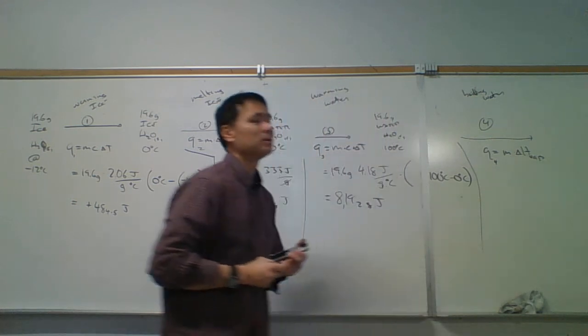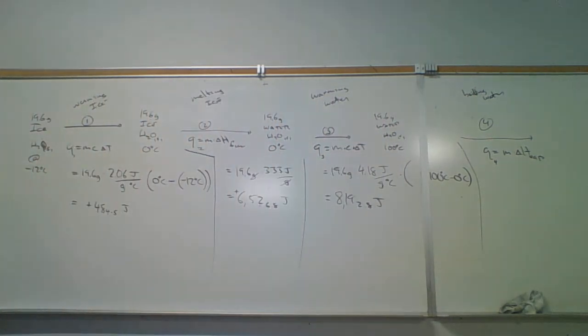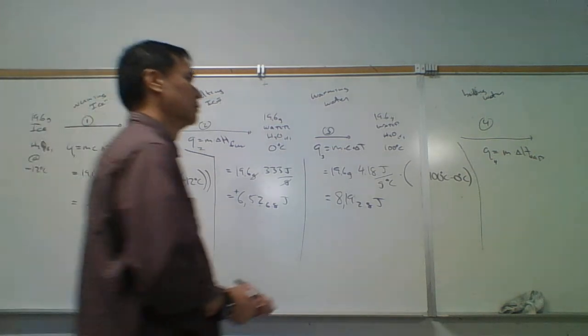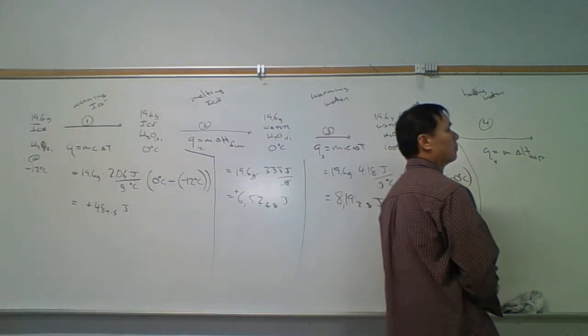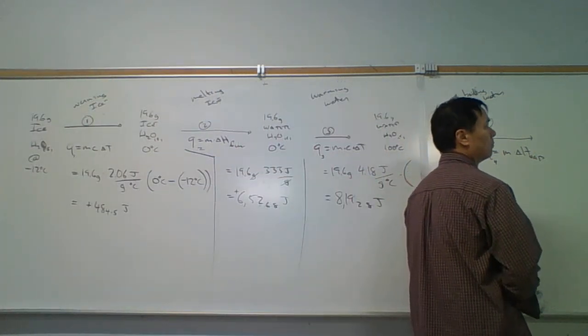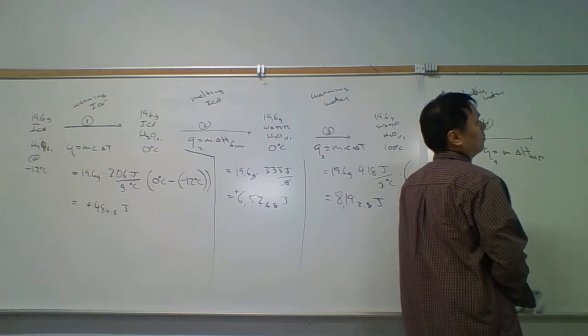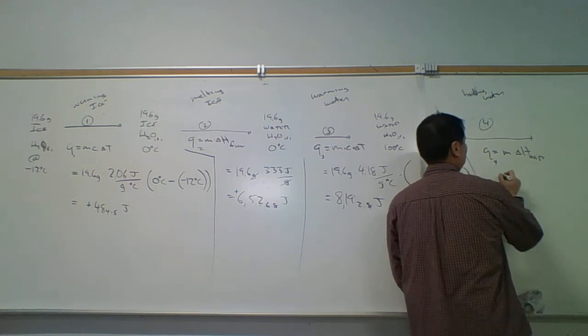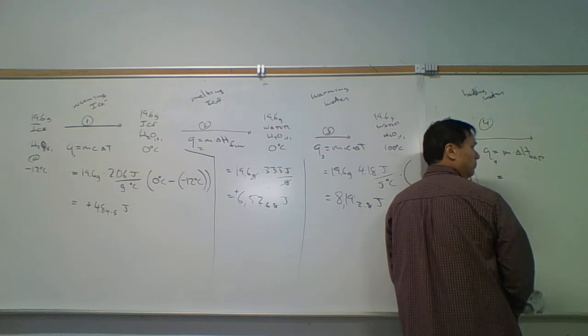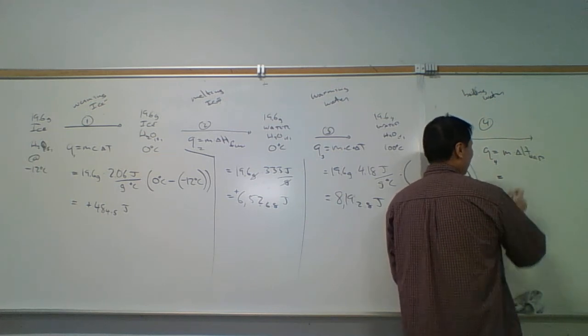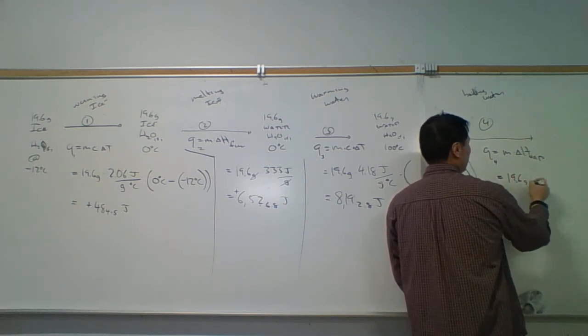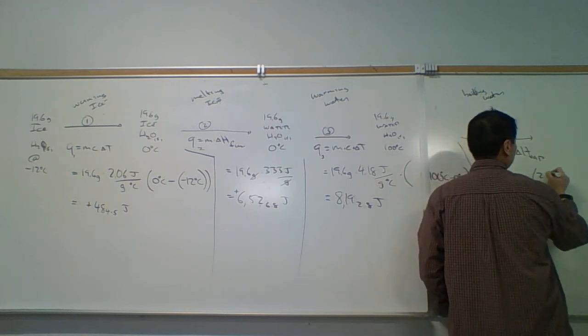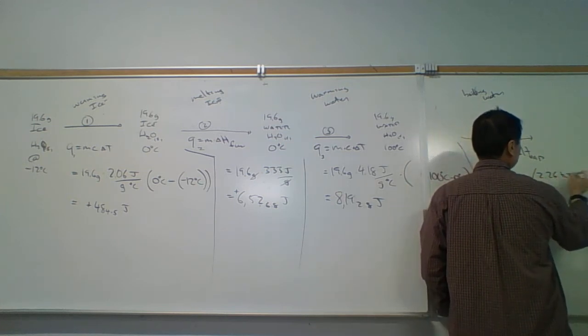And so I have to flip back to the other table and tell me what it is. 2.26 kilojoules per gram. Yeah. So it's 19.6 grams times 2.26 kilojoules per gram.